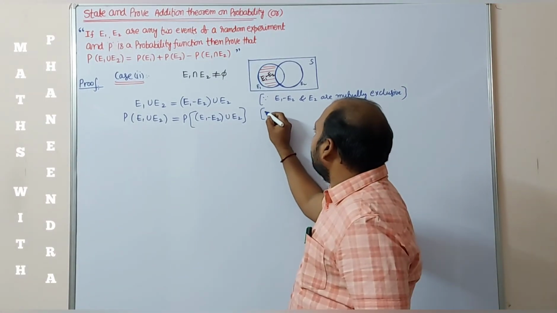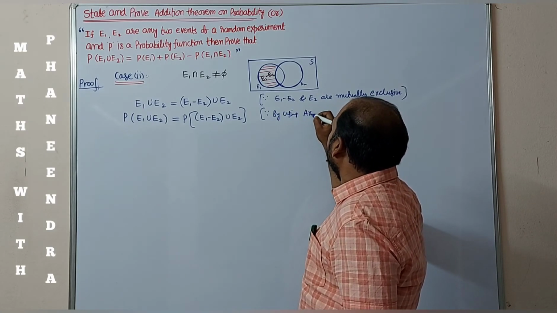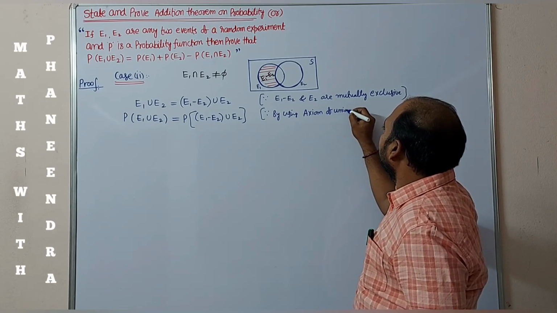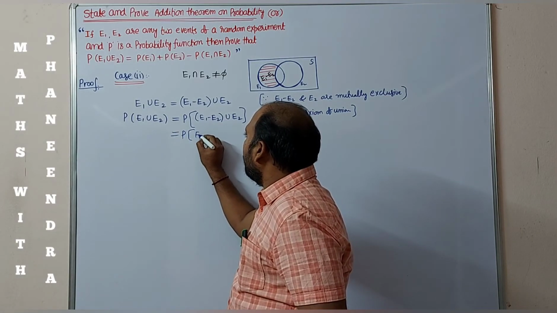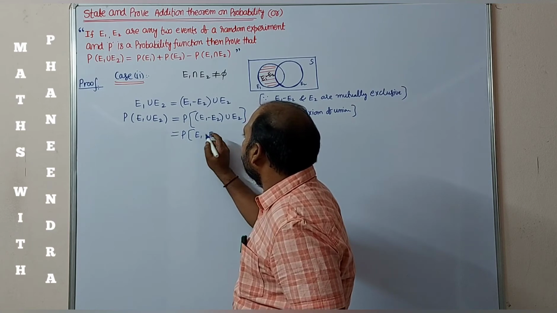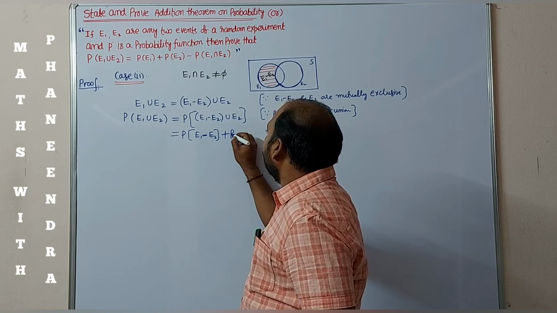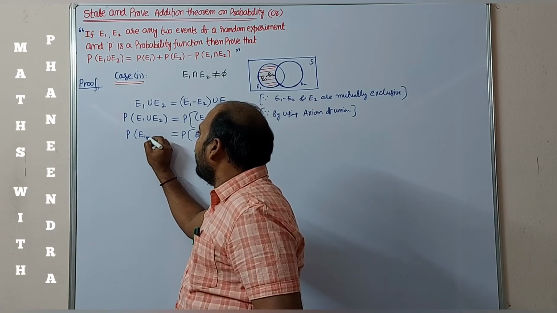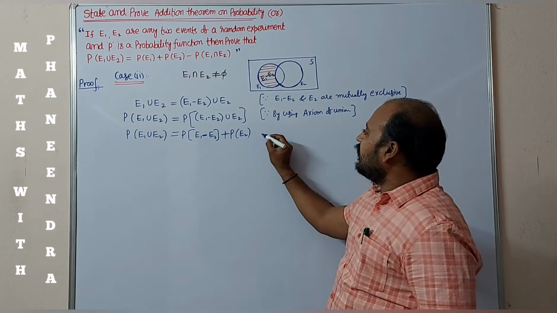Again, using the axiom of union, this can be done as P of E1 union E2 equals P of E1 minus E2 plus P of E2.